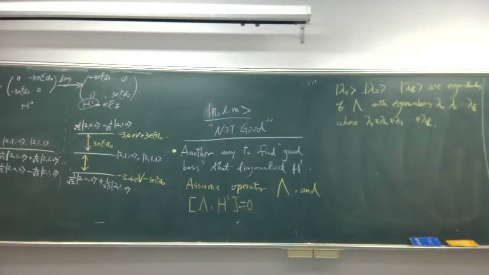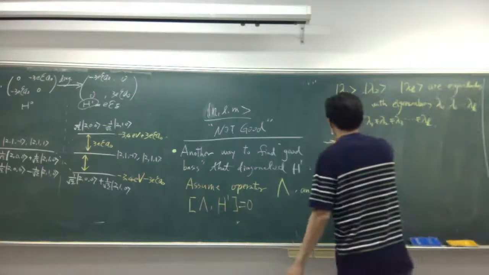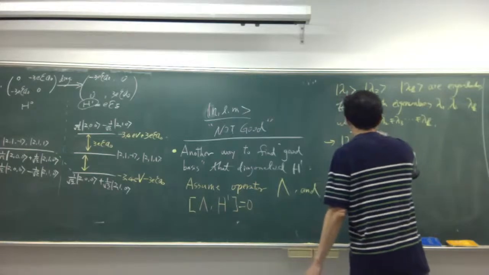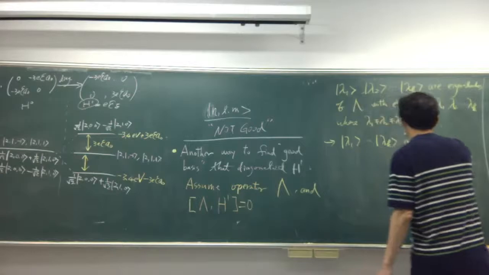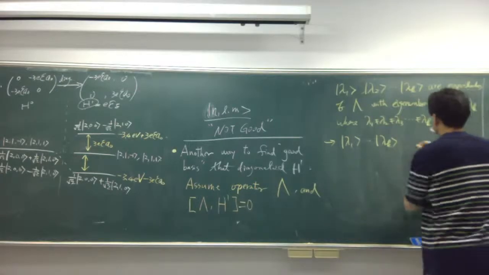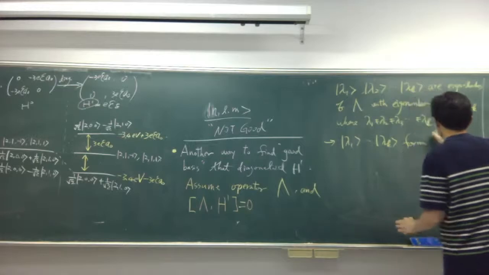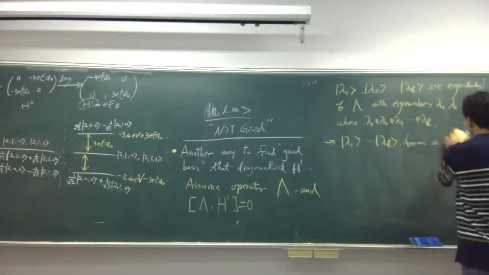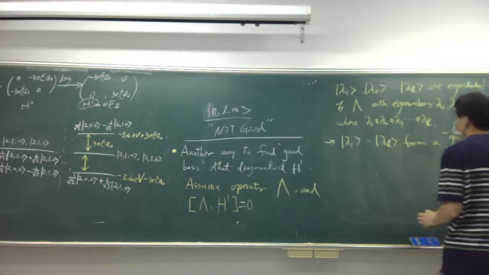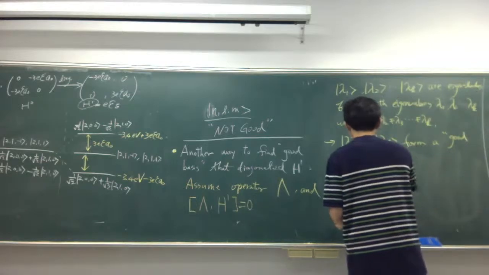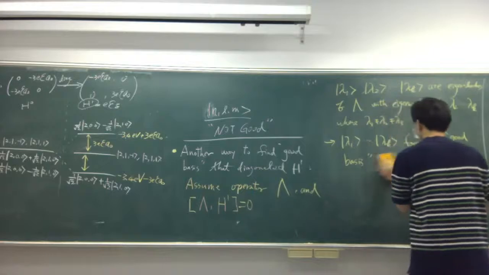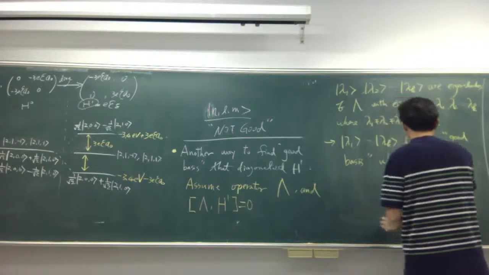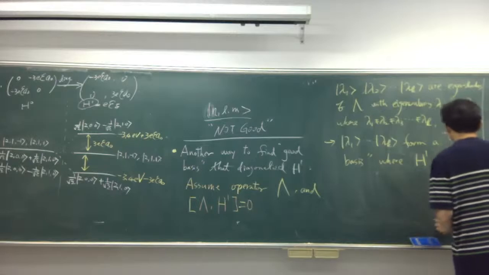So if you find the states which are not degenerate in this operator lambda, then lambda 1 to lambda k form a good basis in which H1 is diagonal.